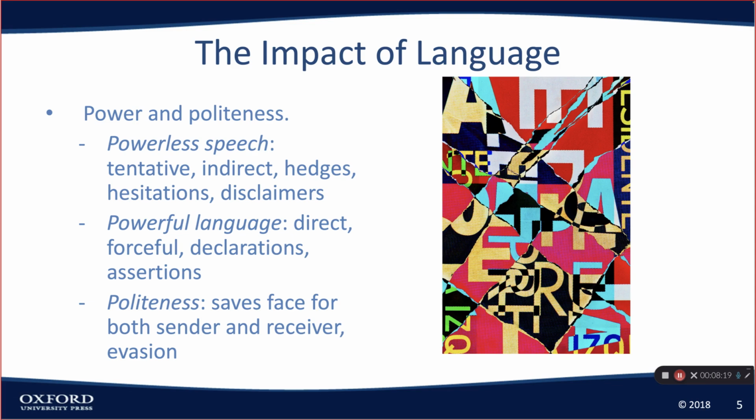Because in a high context culture, being tentative and being indirect is not powerful. It is actually polite. So the textbook, I don't know that they do a great job, but they acknowledge that in some contexts, that kind of language would be considered polite because it saves face for both the sender and the receiver.